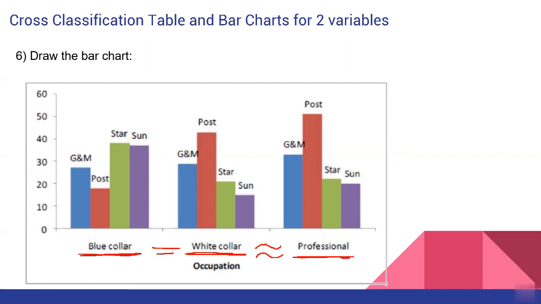And the blue collar pattern is different from white collar or professionals. That means the reading habit of the white collar workers is similar to the reading habit of the professional readers, right? And the reading habit of blue collar workers is different from the other 2. Understand?